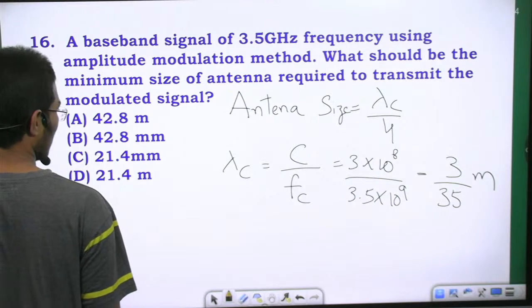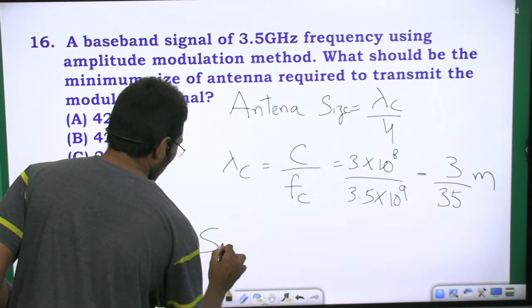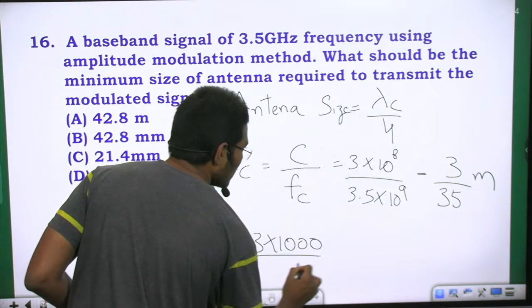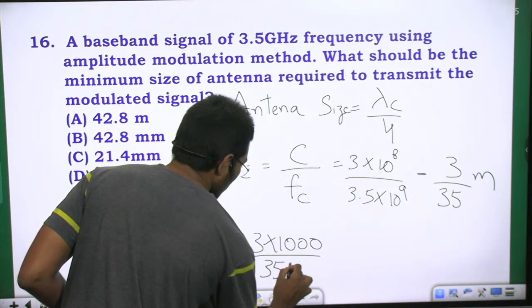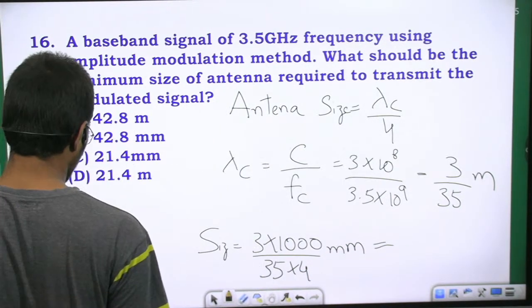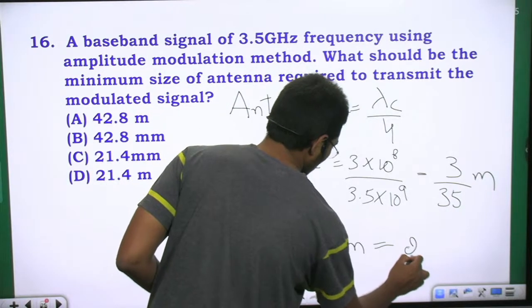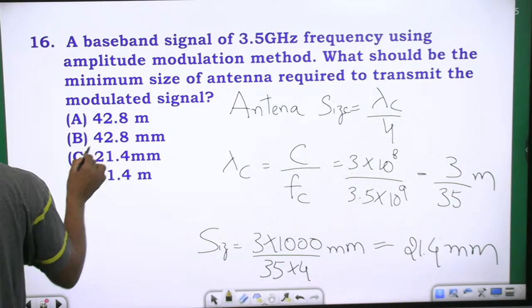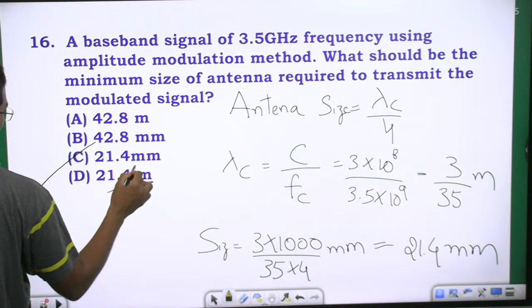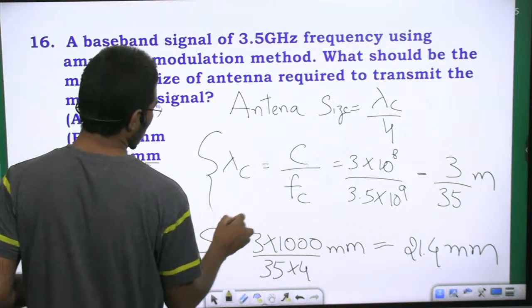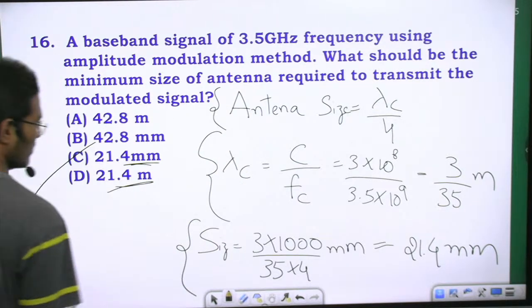So the size of antenna is equal to 3 into 1000, we will get it in terms of mm. So we get 21.4 mm. We need to take care of units also. We have meters, 21.4 mm. So right from the first step, we need to take care of units, and it's a straight formula, direct question. We get lambda, we get the antenna size.